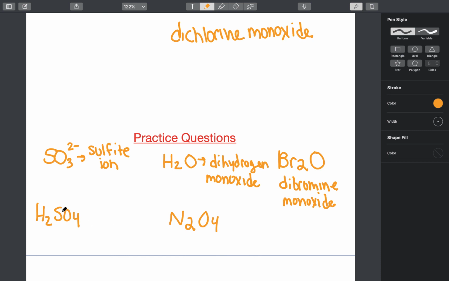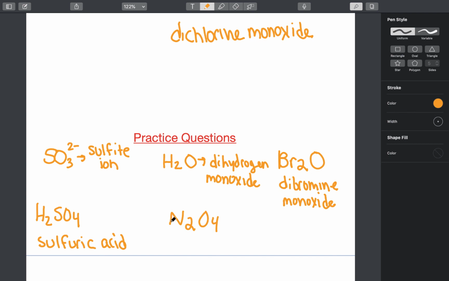Okay, so here is a polyatomic acid. This is the most common form of that acid. So what you write is sulfuric acid, and that's because this is the sulfate anion, therefore you replace that "ate" with "ic" and add acid at the end. Now the last one here is N2O4.